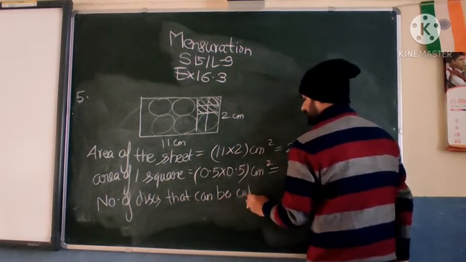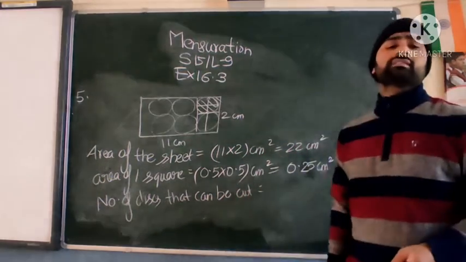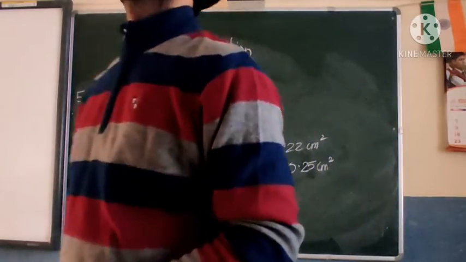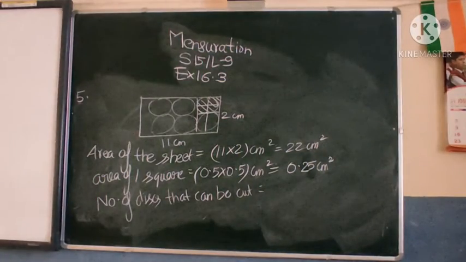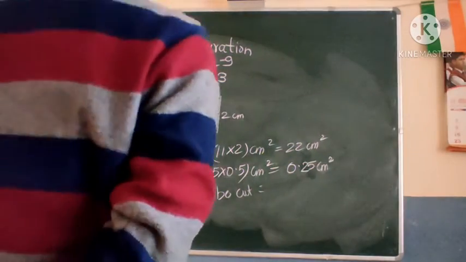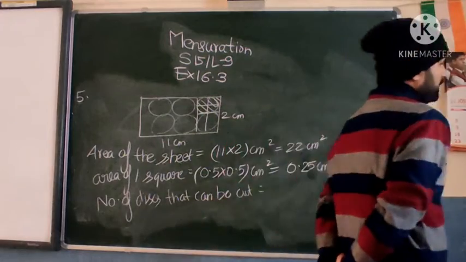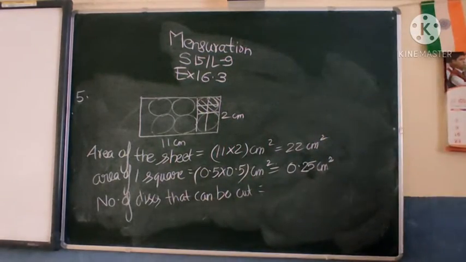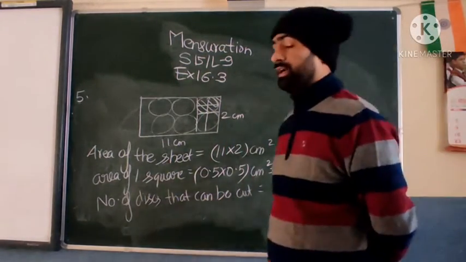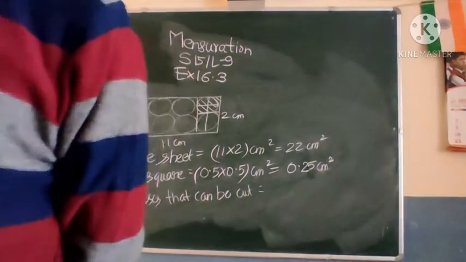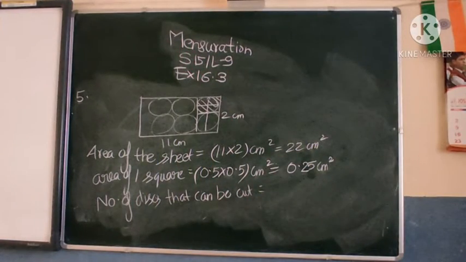If you remember class 6, in this type of questions we are doing only one thing: calculating the area of the sheet upon the area of the single tile. Like remember questions that the area of the floor is this much and the area of one tile is this much. How many tiles can be accommodated? This type of question we have done.